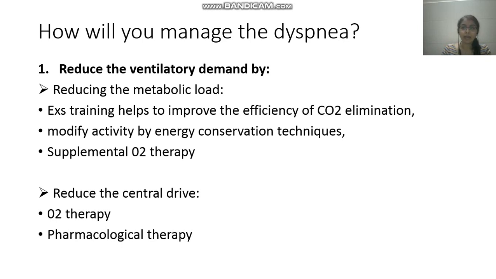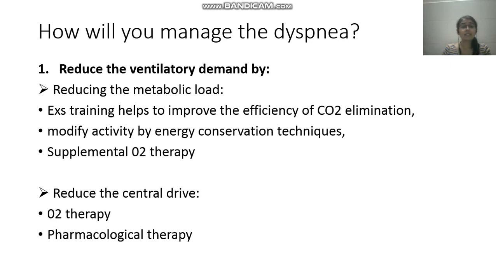So how do we manage dyspnea? Here, I have taken individual causes of dyspnea and explained how you will manage them by altering that cause, at the central level and the peripheral level, that is, inside the respiratory system.